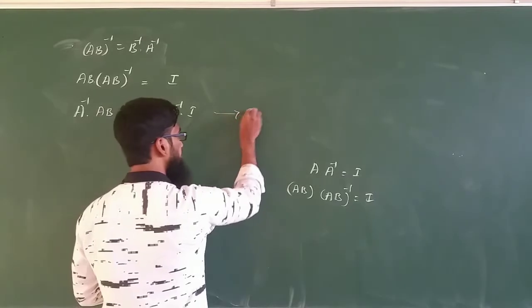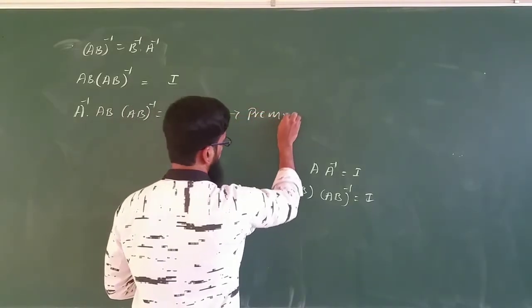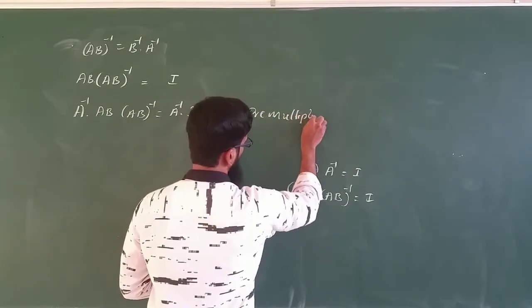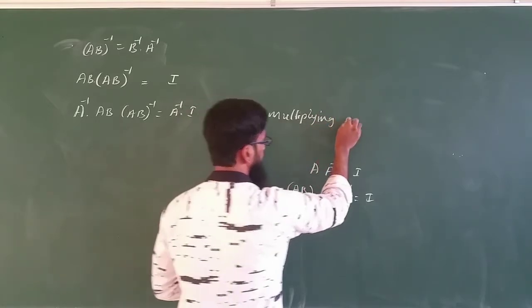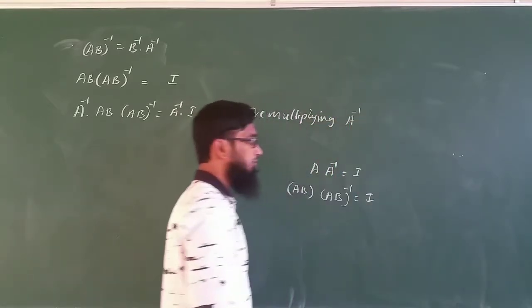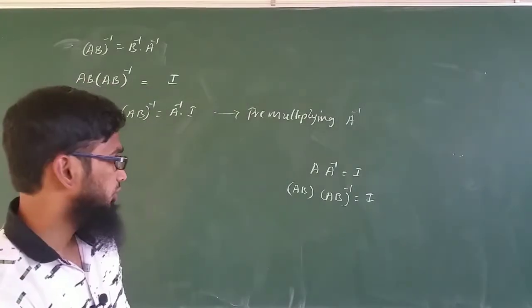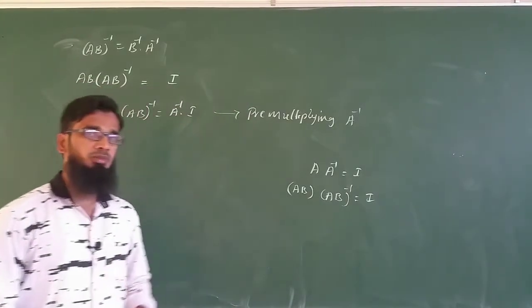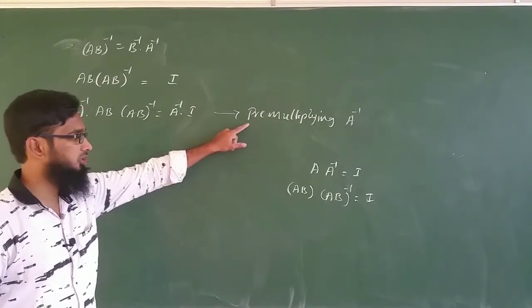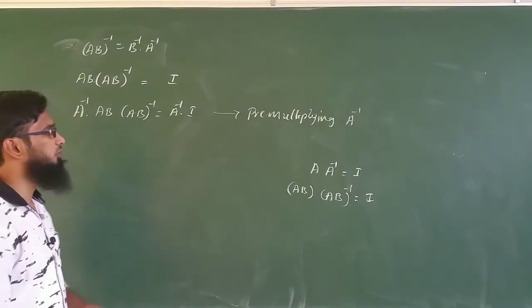By pre-multiplying A inverse, because in multiplication the placement is very important. So here we have to multiply at the starting, that is we pre-multiply the A inverse.